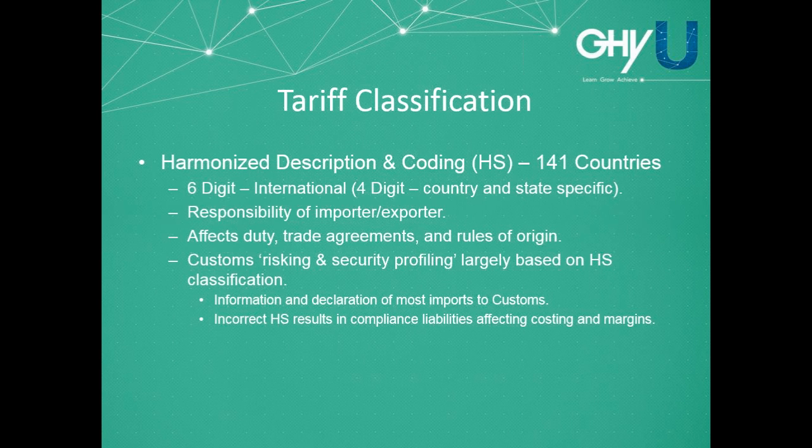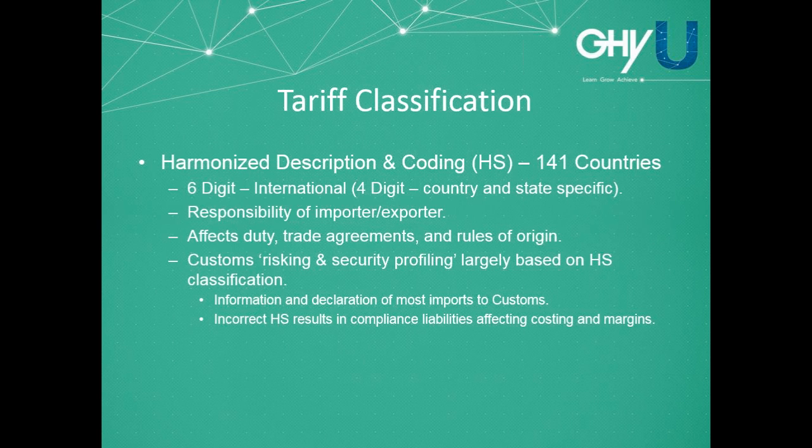The tariff classification is used in 141 countries across the world that take part in classifying goods to customs. The first 6 digits are international. As mentioned previously, there is a high error rate in classifying, as high as 30 to 40%.